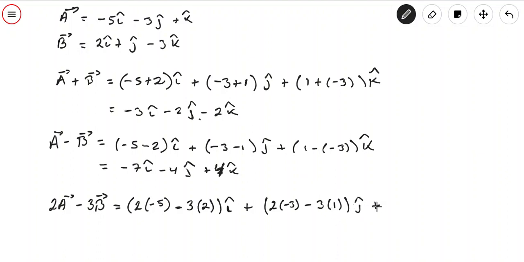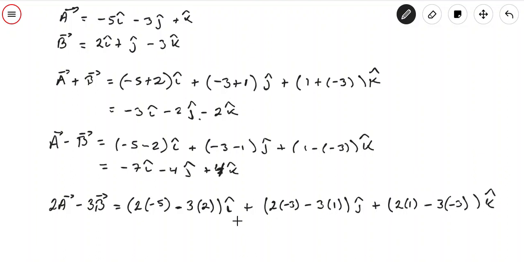And then we go over the k, so we say 2 times 1, because it's 1 here, minus, and then 3, sorry, because it's 3 that multiplies vector b, so 3 times negative 3. There is the value of the k, so negative 3 times negative 3 here.